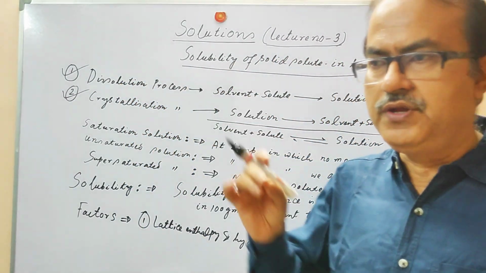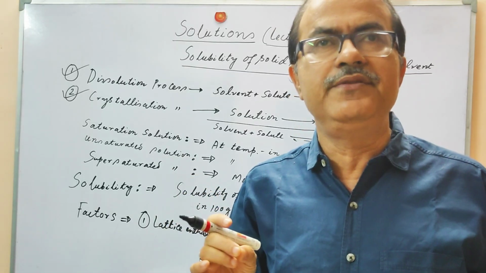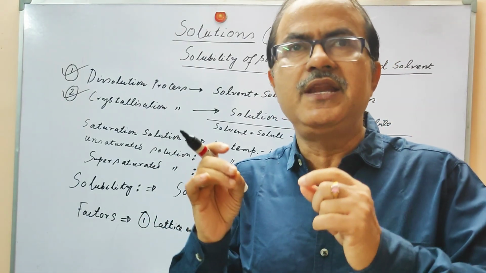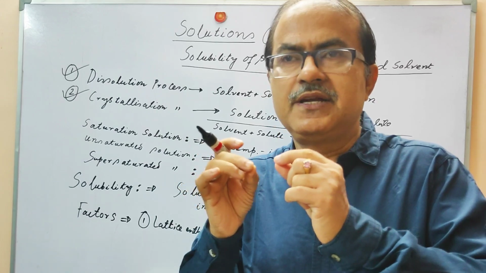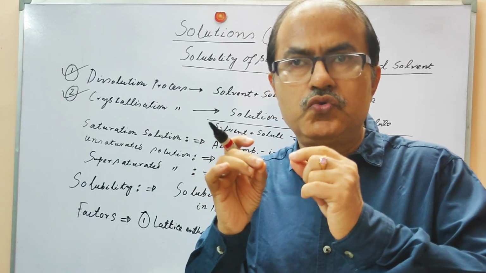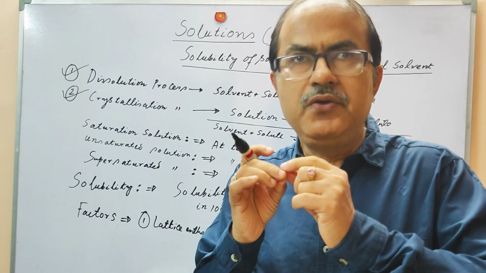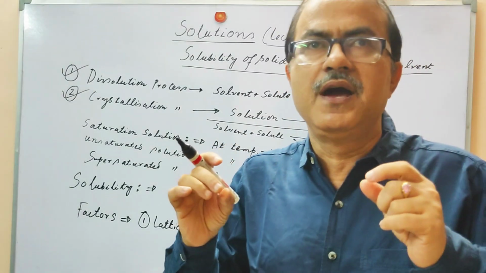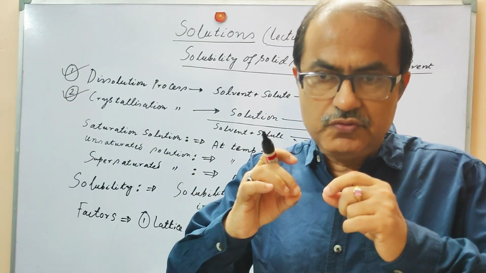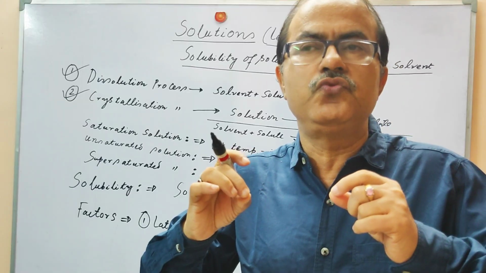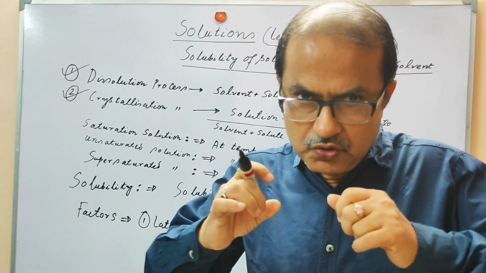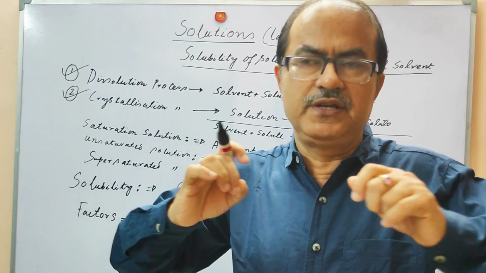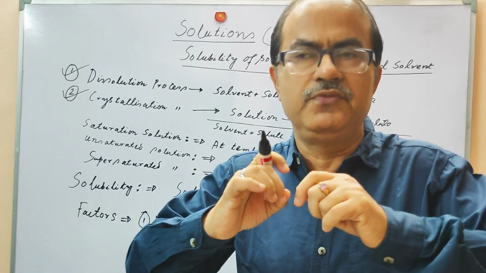That we understand: when the ions are being hydrated, it means they are being surrounded. It means ions are being attracted by strong electrostatic forces. And when we hydrate, it means these ions are being separated. How are they separated? First they will be surrounded by the H2O molecules, and these H2O molecules will separate the two ions, that is the positive ion and the negative ion, from each other.